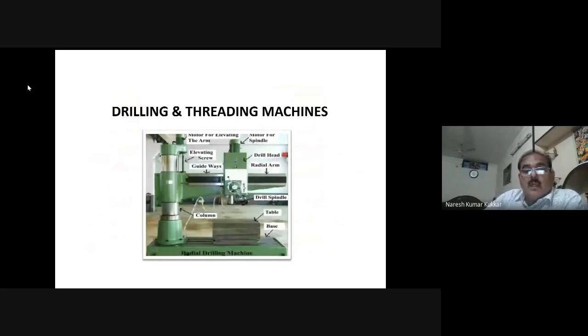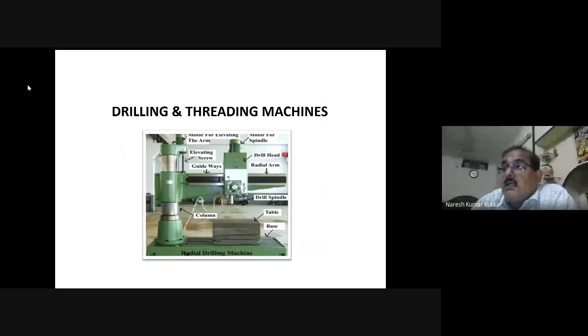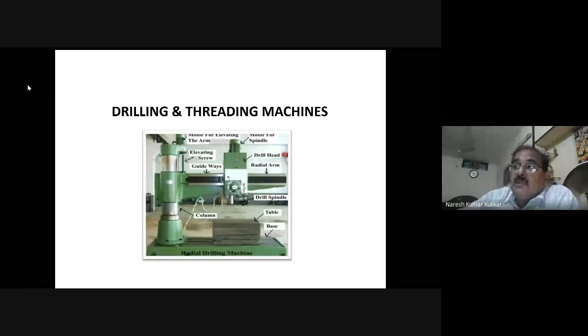Then come the drilling machines and threading machines. These types of machines are commonly found in the machine industry. You'll find these are the basic machines, because sometimes industries have their own pattern of making a total product process.